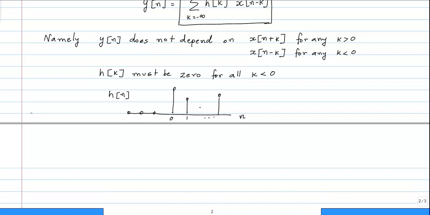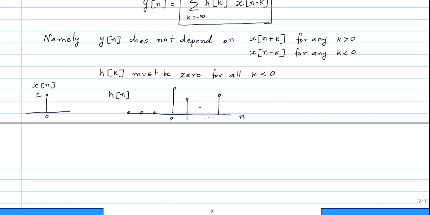That makes sense because we know that the impulse response is the response of the system to an input x of n, which is the impulse signal or the delta function. And we know that the input is non-zero only at time n equal to 0, or you can think of it as an impulse that occurs at time n equal to 0. Now, if a system is causal, this input can only affect the values of y of n for values of n greater than 0, right?